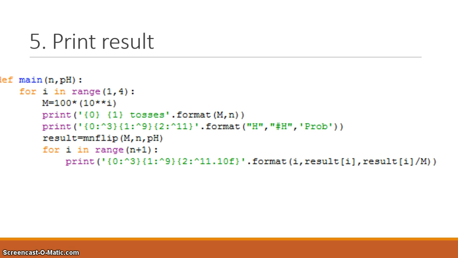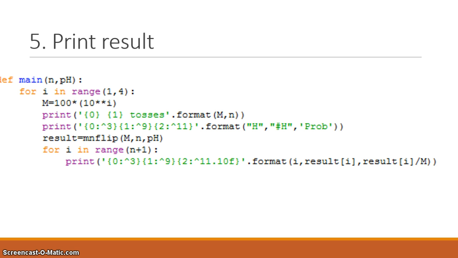So I start a for loop with range n plus 1. I have three values here: i, result i, and result i divided by m.